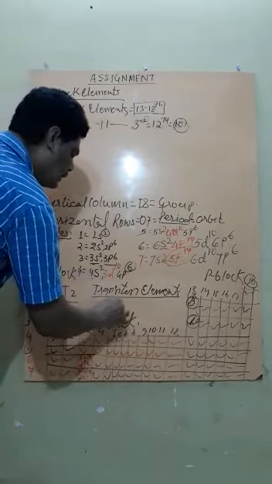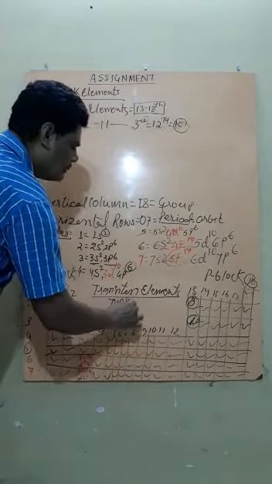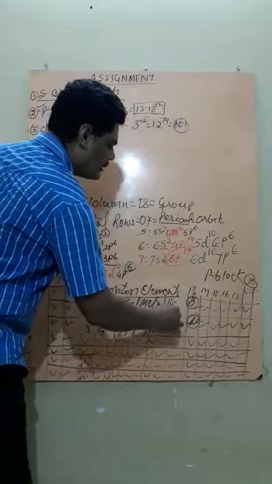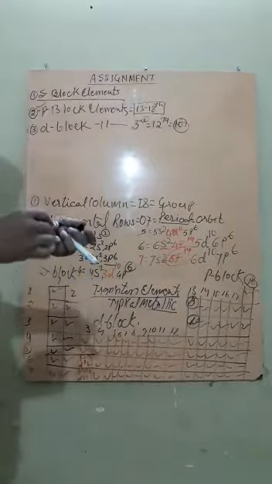These are called typical metals. They show metallic properties, the metals which you experience in your daily life.